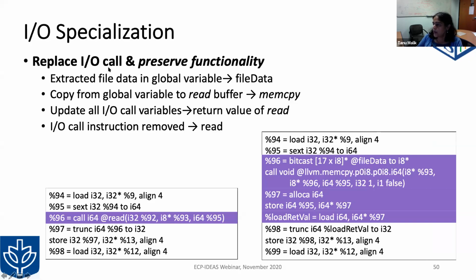So basically, when the program makes a read IO call, instead of the read IO call, there would be a memcpy and it would be reading from the actual chunk. So you copy from the global variable to the read buffer, and you update all the IO call variables, and basically the application uses the data from that buffer.